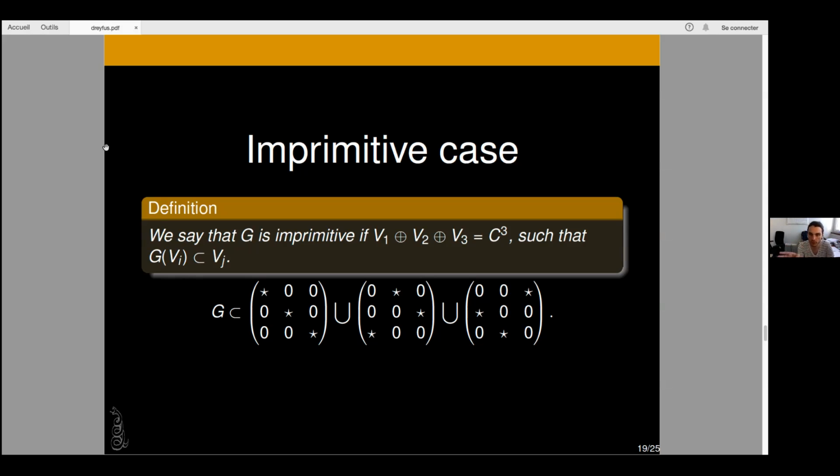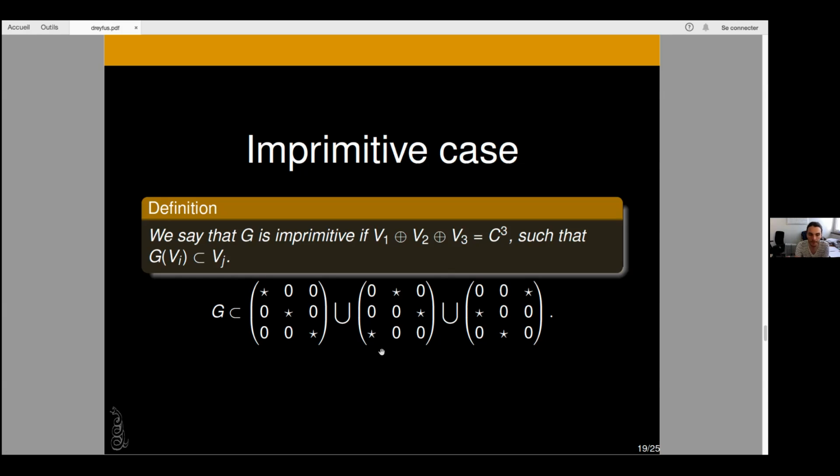If you consider an imprimitive group of non-prime order, things can be much more complicated. You have a lot of cases that may happen. Up to a conjugation, you find that G is a subgroup of the following, because let me recall that G over its identity component is finite and cyclic.